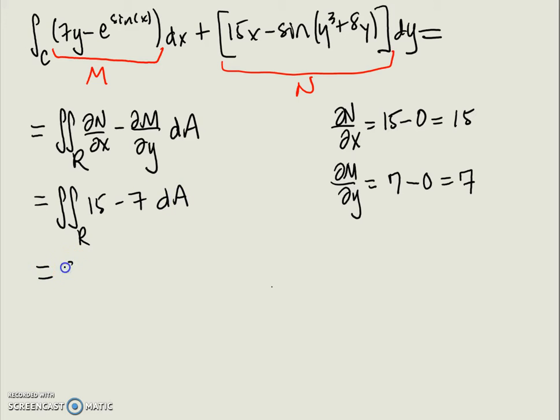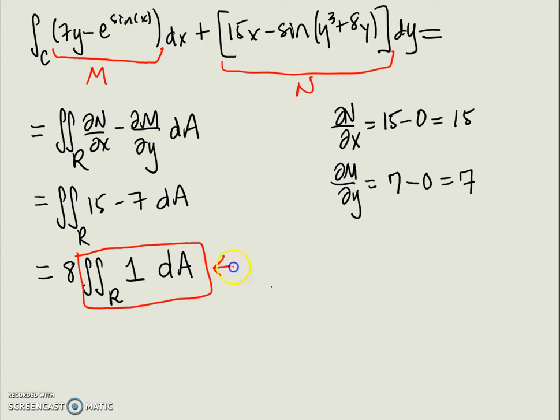15 minus 7 is 8, and I'm going to pull that in front. What I'm left with is 8 times the double integral of 1 dA. Now we're going to be a little smart here because we know that our region is a circle of radius 3.